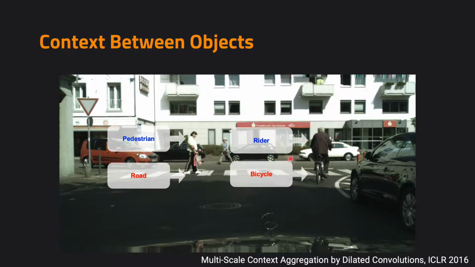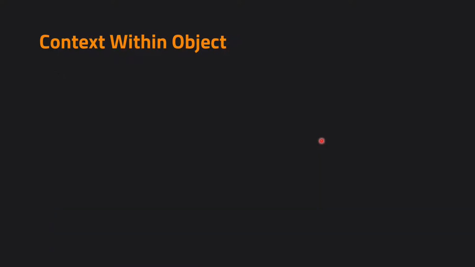Similarly, if we want to know that this pixel is on a rider, we must know that the person this pixel belongs to is on a bike, so that we can correctly classify this person as a rider and assign the correct label to the pixels on this person. Another kind of context is context within the object.